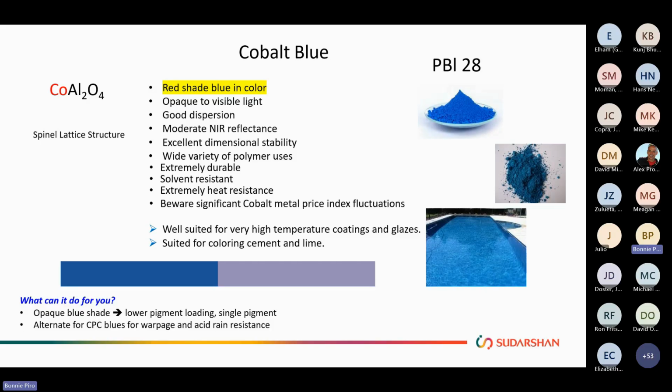The other part of it is that it does provide a very high opacity, so that you can potentially lower your pigment loading if you're looking for a more single pigment offering. And it also provides better warpage and acid rain resistance, as I'll get into, if a phthalo blue does not meet those types of needs.